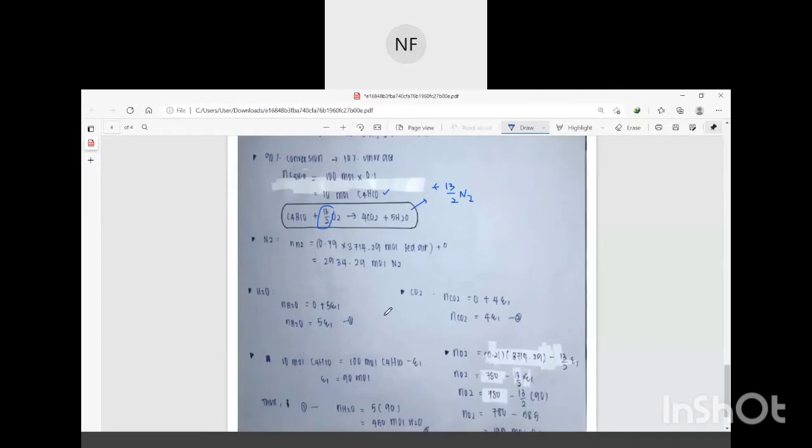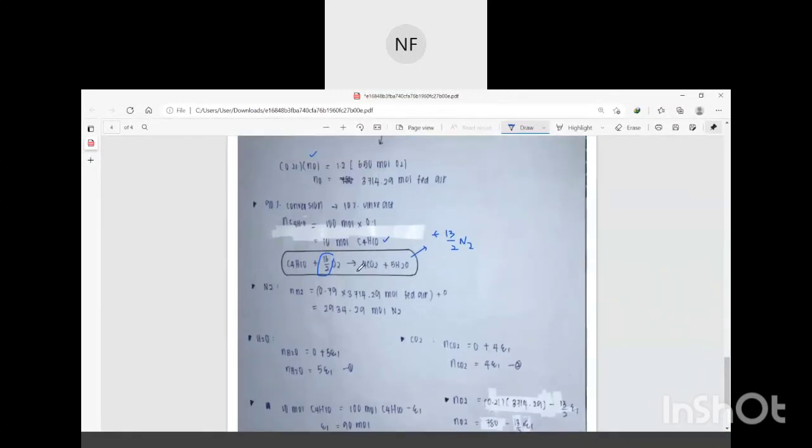So this is the reaction involved. One correction here: I forgot to put the nitrogen species.